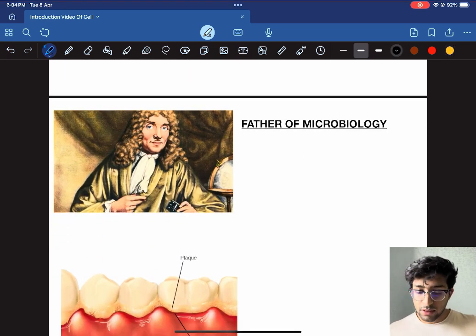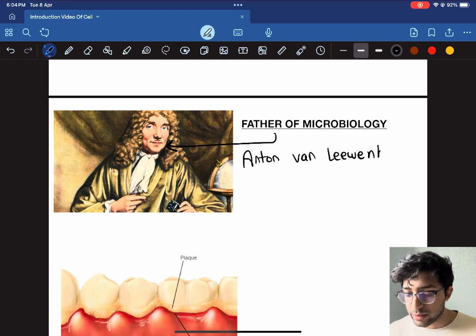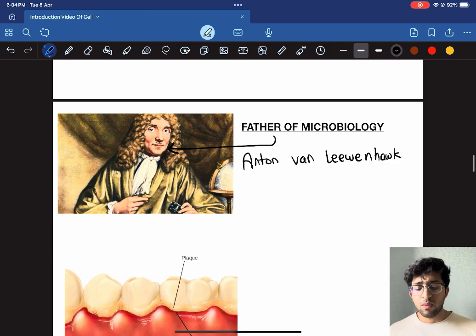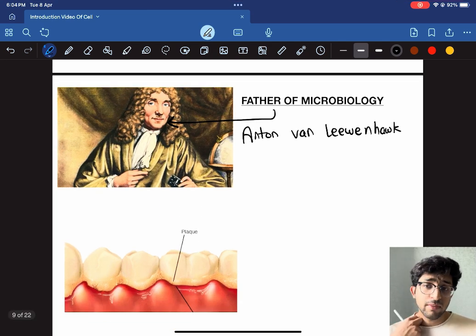Then comes the fast forward. This guy is the father of microbiology, and his name is Anton van Leeuwenhoek. Why is he called the father of microbiology?